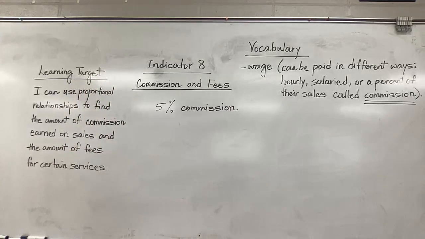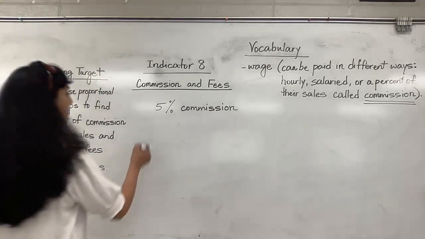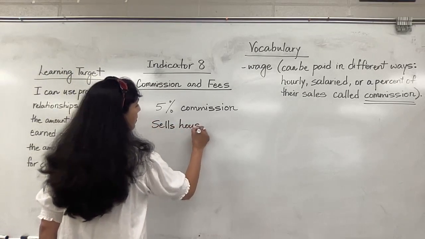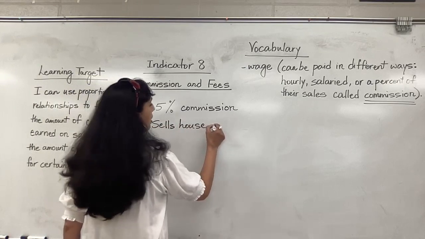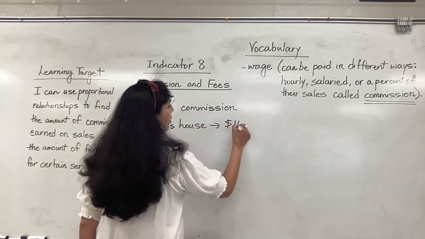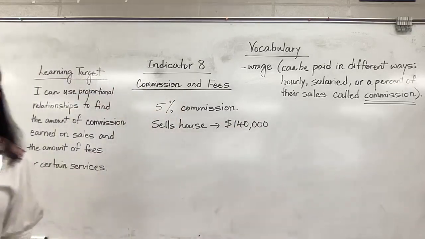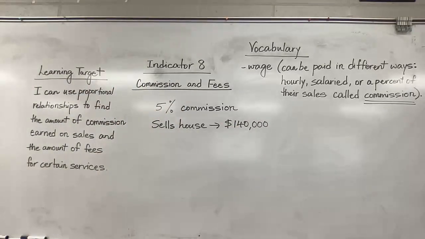And let's say the realtor sells a house for $140,000. Okay, so how much is the commission going to be, or how much money is the realtor going to make?